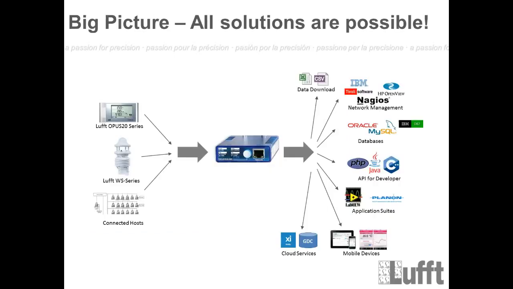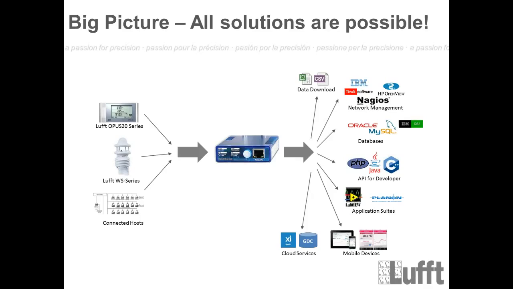Okay, then the big picture. What can be done in the future? You see the i-BOX in the middle here, and on the left side you will see all the devices which will be possible to connect to the i-BOX. In the future we will have a new app for the WS sensor series, and of course also more. I have named them here connected hosts. Everything can be imagined and is possible. Let's see what we will do in the future depending on the applications of the customers.